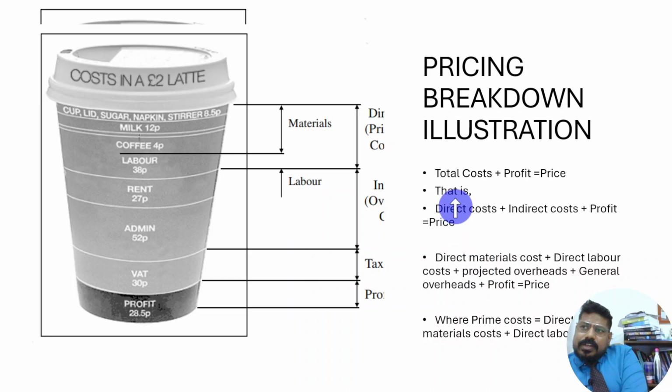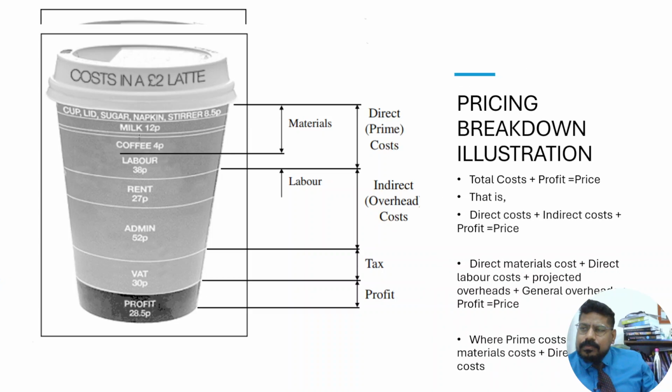Now, direct cost is further divided into direct material cost, direct labor cost, plus projected overheads. Direct material cost plus direct labor cost plus projected overheads plus general overheads plus profit is equal to price.